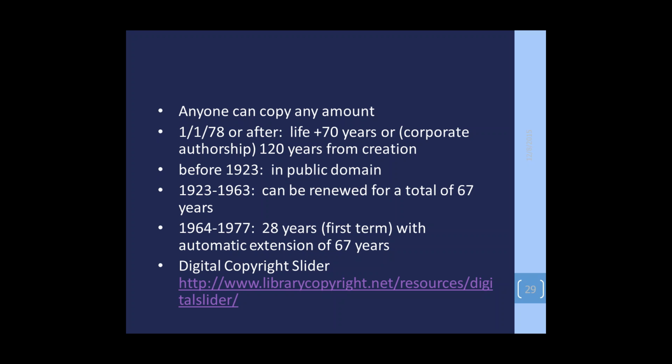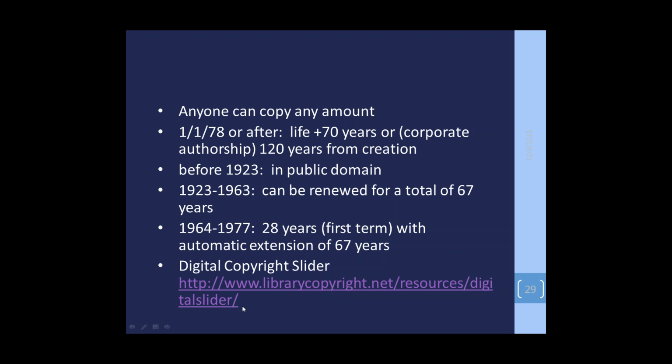This is because as the law evolved, there were time periods when copyright protection ran out sooner, and so the law was changed to add on more years if owners wanted. Then from 1964 to 1977, there's this 28-year first term with an extension of 67 years. Now, this is obviously complicated.